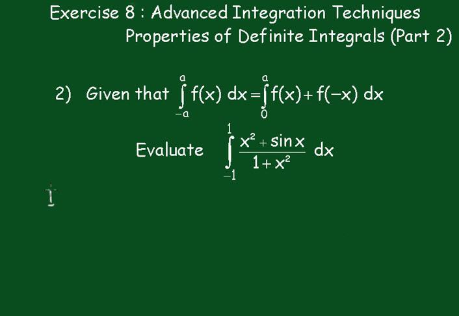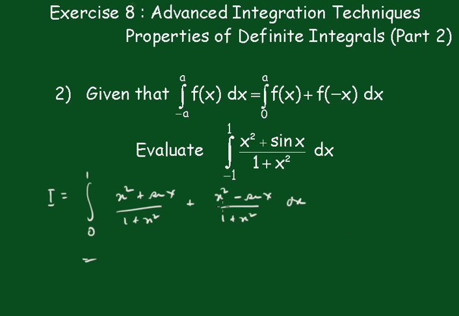I equals the integral between 1 and 0 of, it'll be x squared plus sine x over 1 plus x squared plus, now minus x squared is just x squared, and you put that in, it becomes minus sine x, and this will be 1 plus x squared dx.